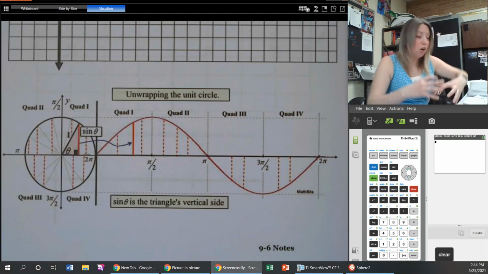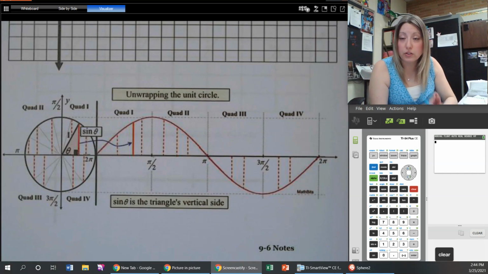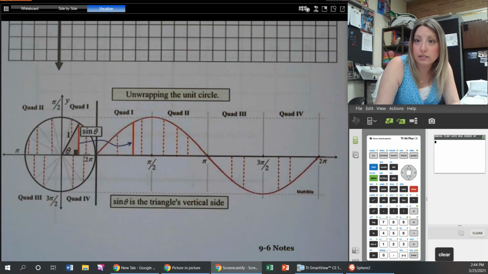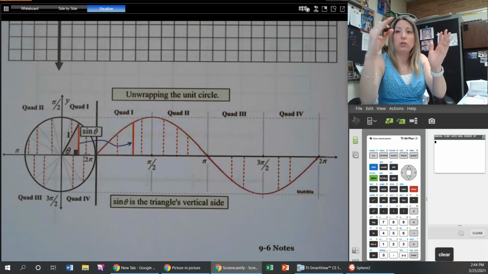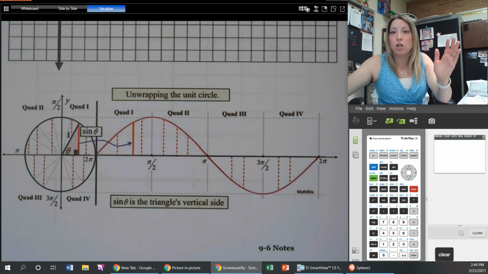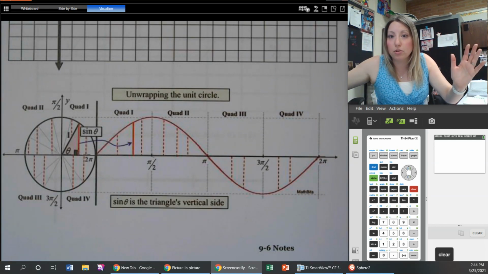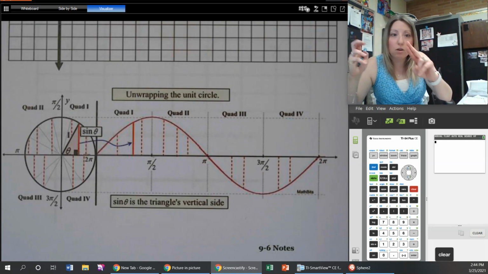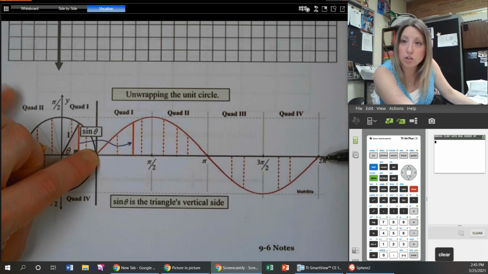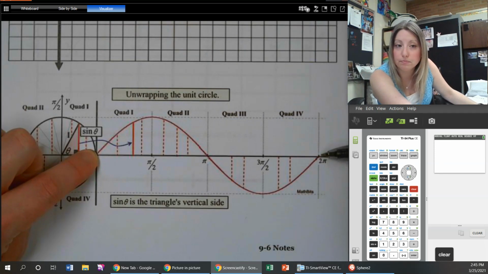That's what we're doing when we graph the sine function as y equals sine of x. What we are doing is graphing those matching y coordinates from the unit circle all the way around. And all the way around is from 0 to 2 pi or 0 to 360.